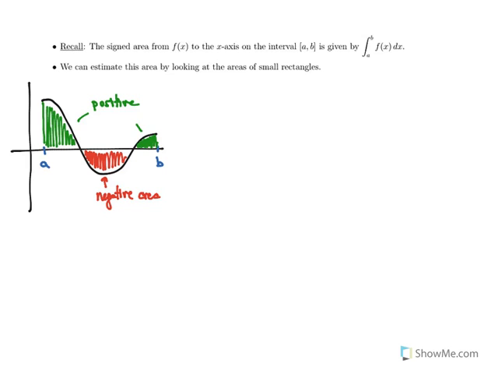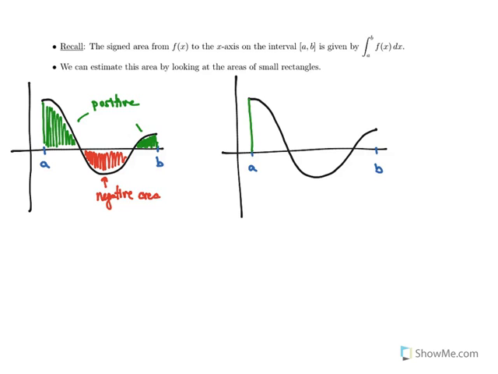Remember that we can estimate this area using a bunch of small rectangles. So let's take a look at a picture of that. We're going to draw the same function here, same bounds, thinking about just estimating this function with rectangles. So I'm going to draw a few rectangles here that's going to estimate the function.